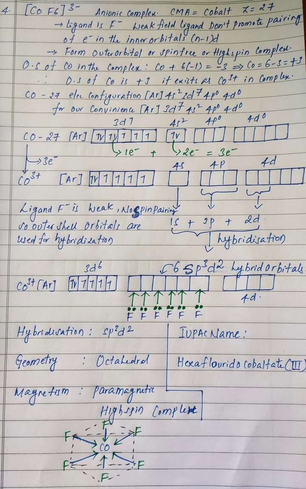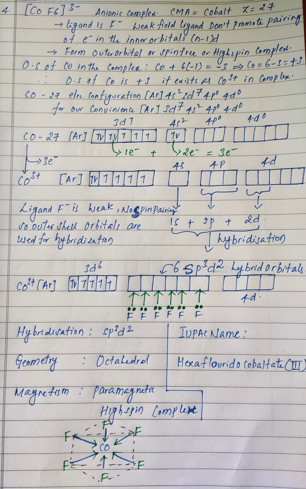Fluoride can't influence the spin pairing of electrons in the inner orbitals, so the inner orbitals cannot be used for coordination bonding or dative bonding by the ligands. The linking will be done through the outer shell orbitals like ns, np, nd. Here n is the valency shell, which is the fourth shell, so 4s, 4p, 4d are utilized for hybridization, and we require 6 orbitals.